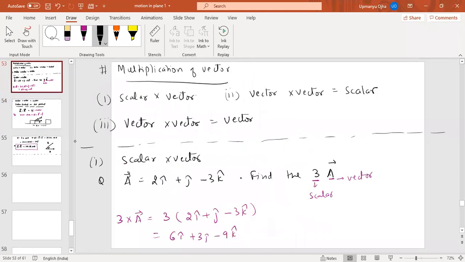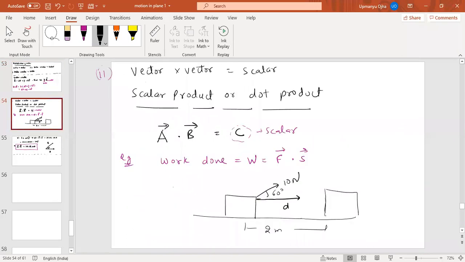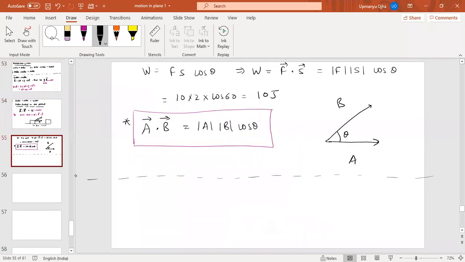We are multiplying scalar with vector, and you are getting a vector answer. So that is the property that A dot B equals mod of A mod of B cos theta. These are different methods of multiplying.